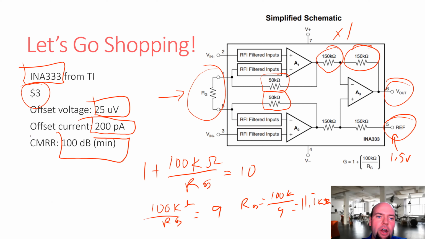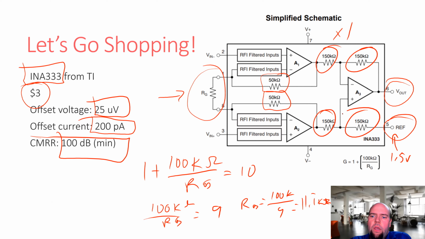And CMRR, 100 dB minimum. We talked about why do I say CMMR? I really want to say CMRR, common mode rejection ratio. Common mode rejection ratio is 100 dB minimum. Why is this not infinite? Why is this not perfect? Well, the cause is internally these resistors.